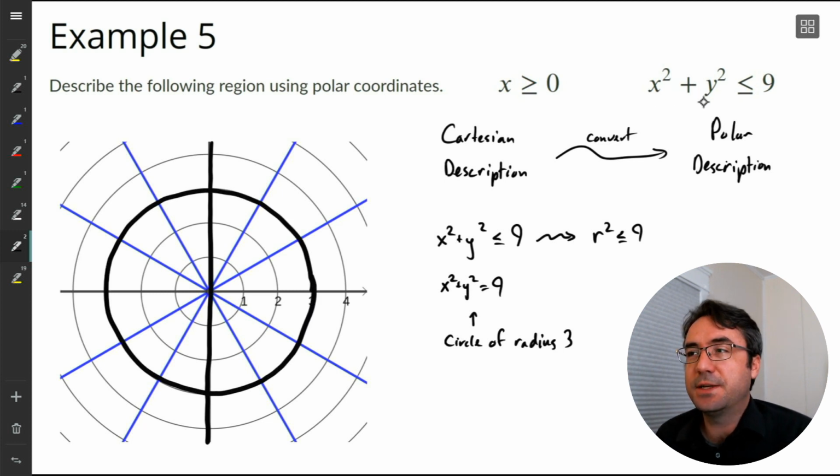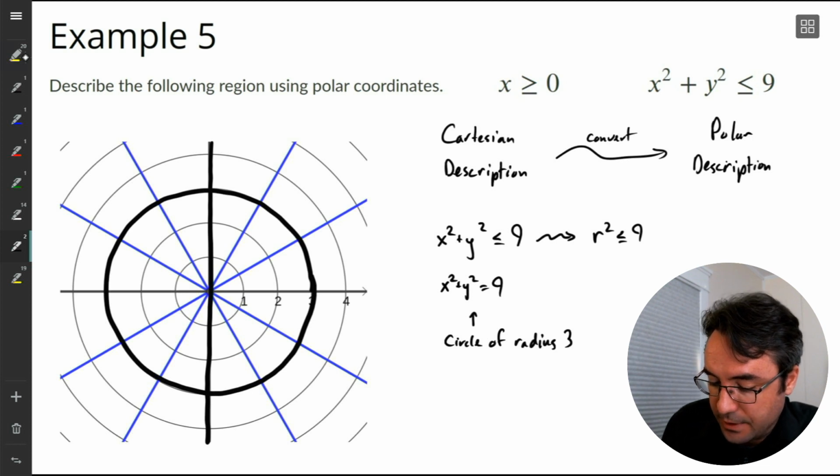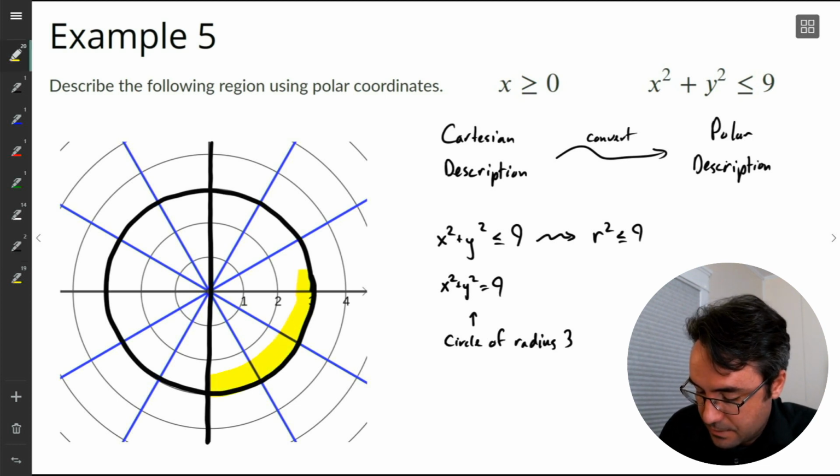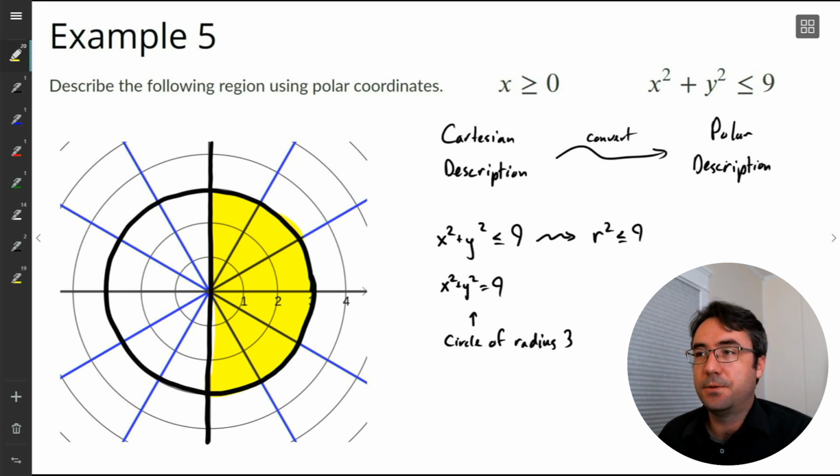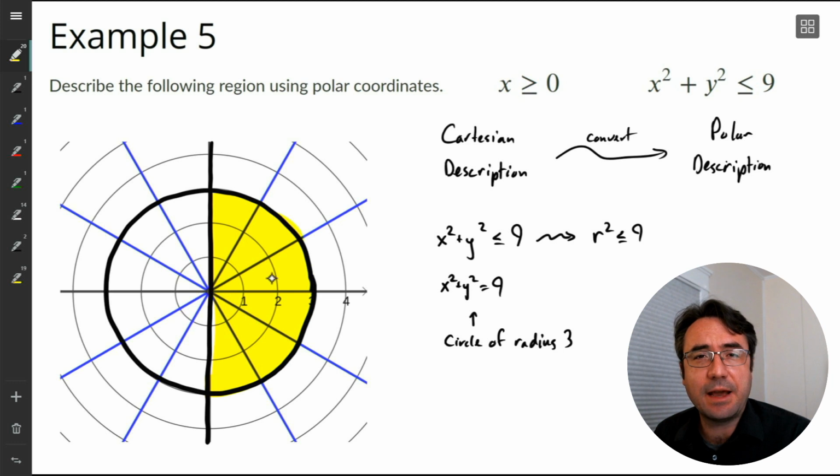If x squared plus y squared is less than 9, we're inside the circle, but we want only the points that have an x value that's 0 or positive. So we're only looking at this section. The extra requirement that x is greater than or equal to 0 means we're just getting the right half of the circle.